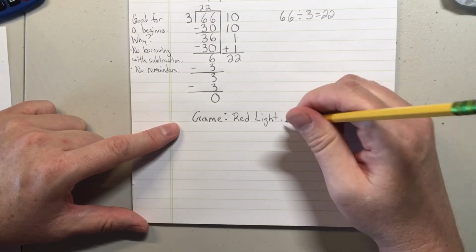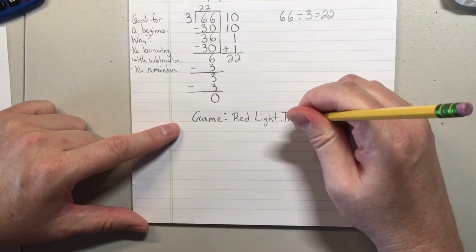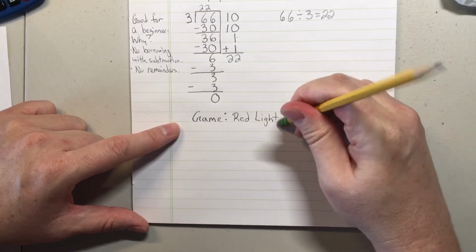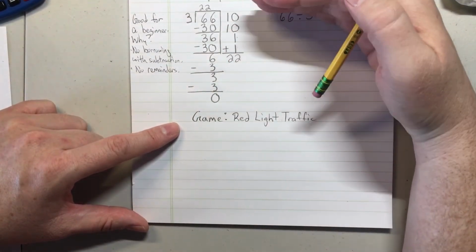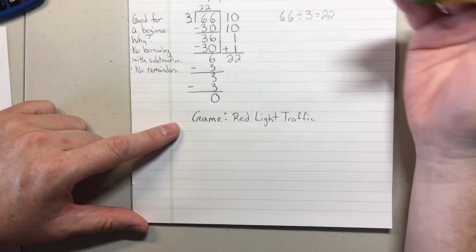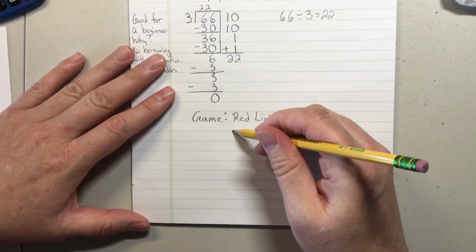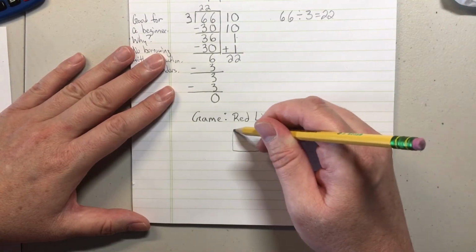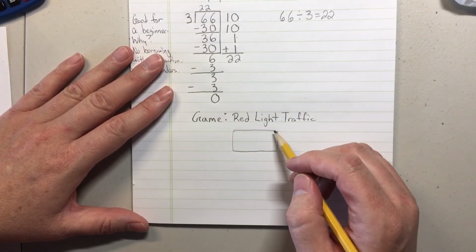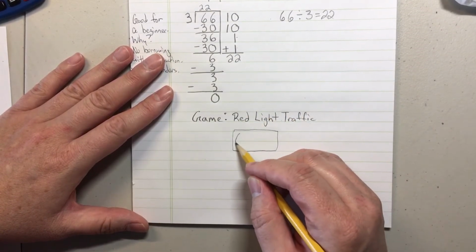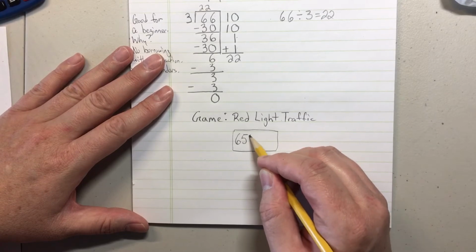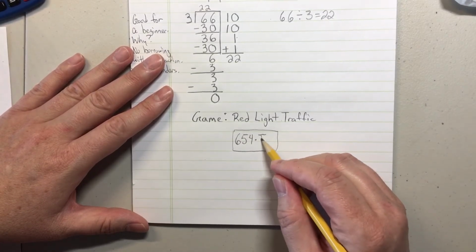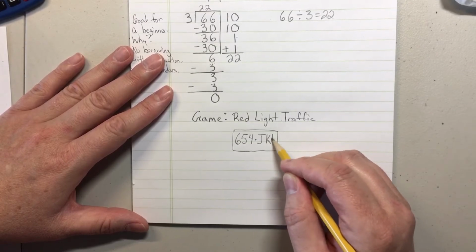So let's imagine that I was in a car and there's a car in front of me. I would look at their license plate, and let's say their license plate said something like 654. You know how license plates in the US look like, JKL or something like that.